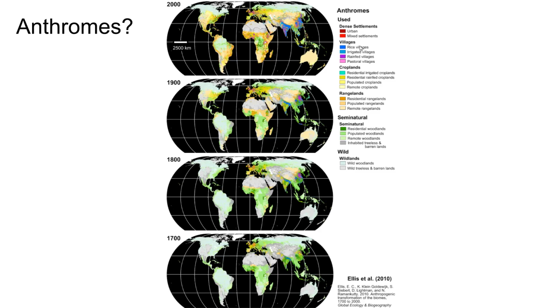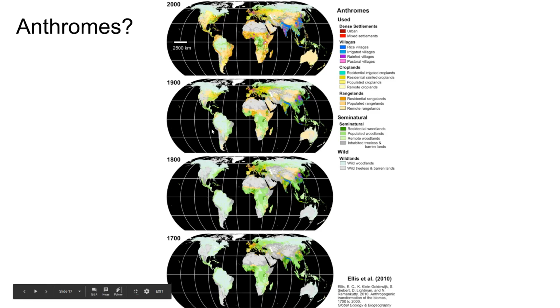I mean, just looking at rice villages and so forth in India and China, and of course the effects that rice agriculture has on the atmosphere and on the biosphere and hydrosphere are very significant. Look at North America, of course. North America in 1700 was very sparsely settled by Europeans, a lot of indigenous populations.